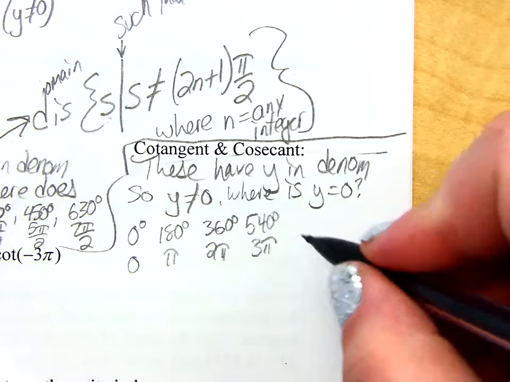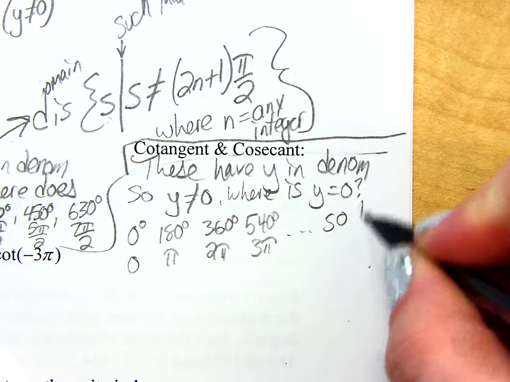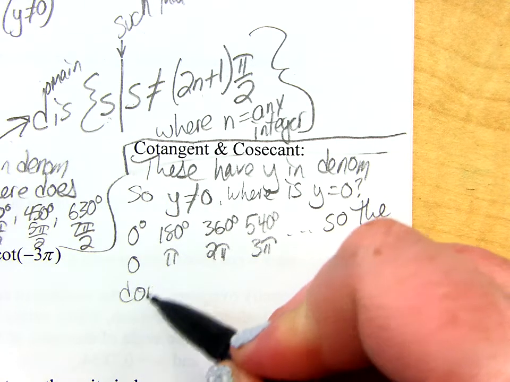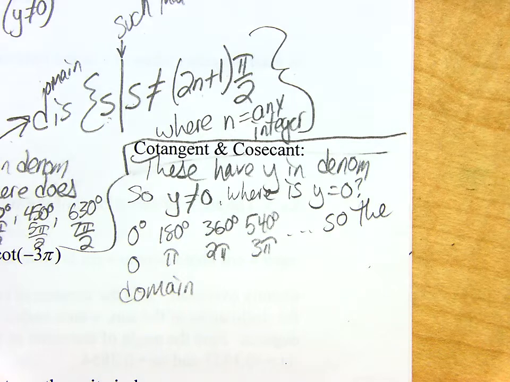The degrees go up by the same amount as well: 180, 360, 540, then 720.